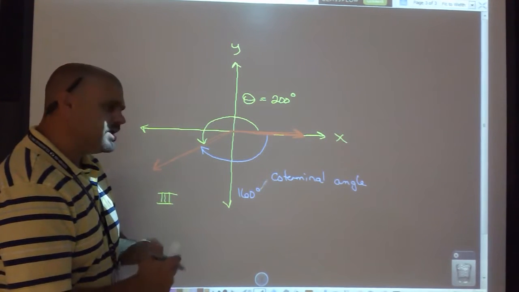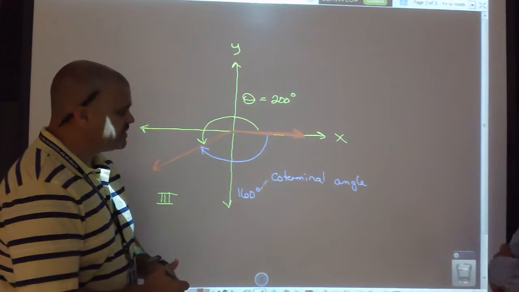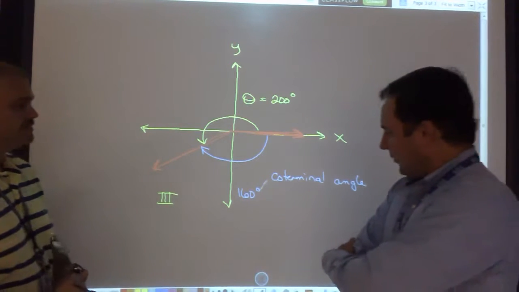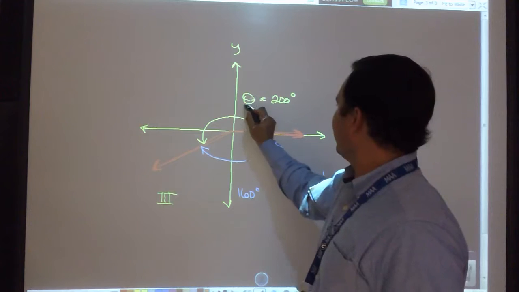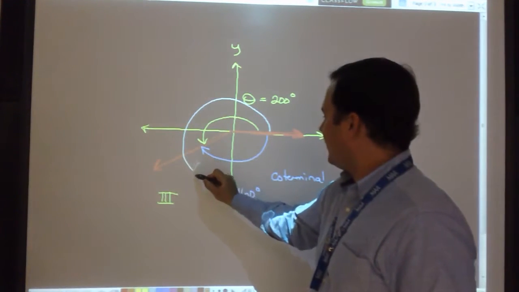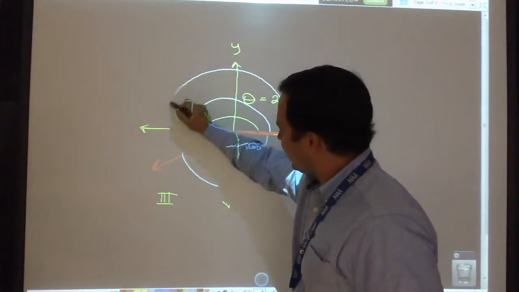So, are there any other coterminal angles, Mr. Simmons, other than 160 degrees? Well, what if I made my angle this way? What if I started here, went to the terminal side, and then went another complete rotation?